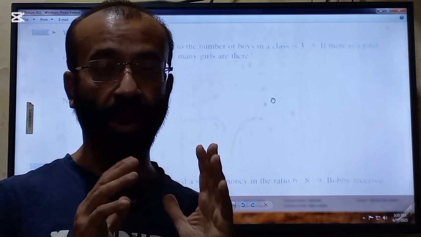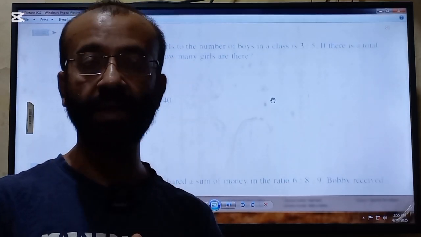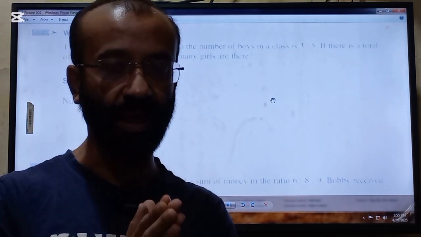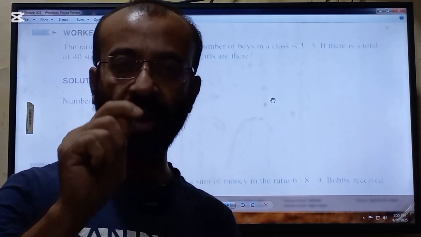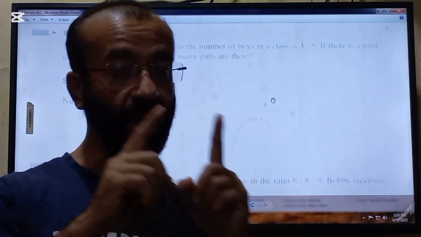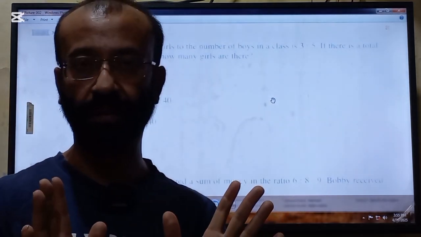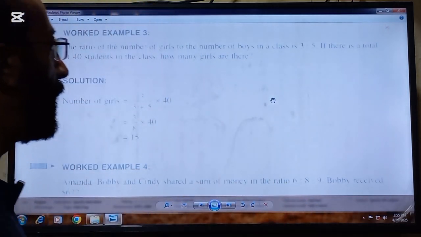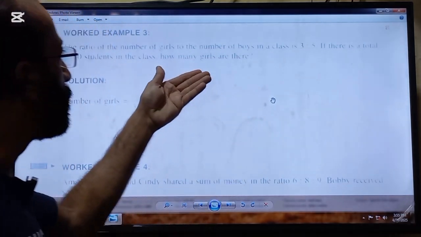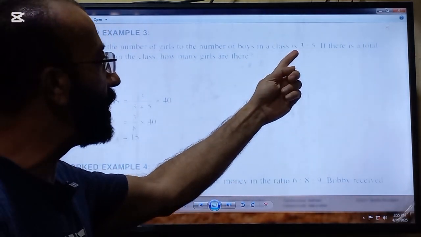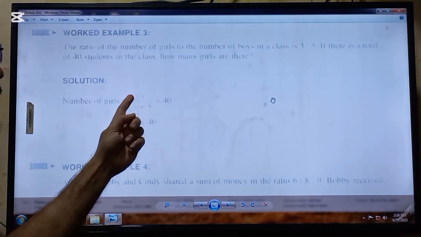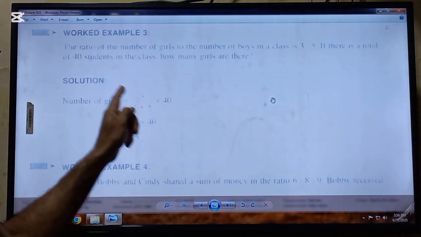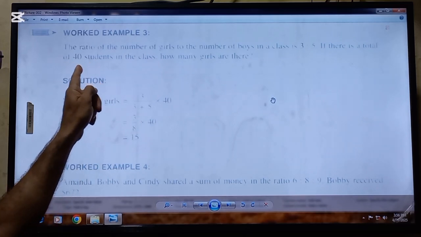The thing to understand about this question is that when the ratio of two quantities is given, and the total of the two quantities is also given, and the requirement is one of the quantities, the method is this: the respective ratio of the quantity we are finding is put in the numerator, the sum of the ratios is put in the denominator, multiplied by the sum of the two quantities.